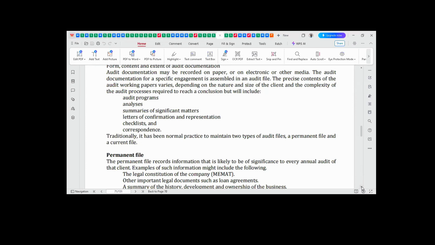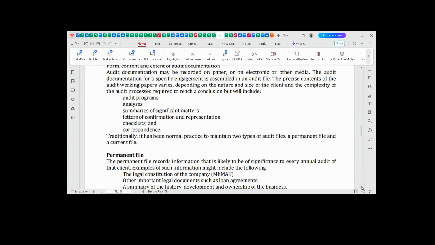Let's look at the first one, the permanent audit file. Why is it called permanent audit file in the first place? It's so called because it is a file that records information that will be used for more than one audit, information that will be relevant for more than one audit. Why?